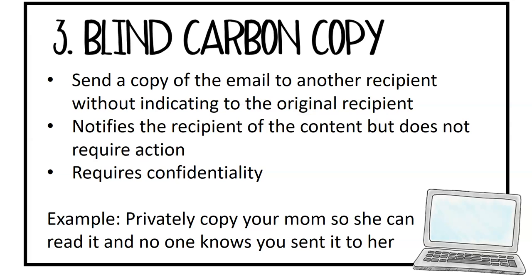So on my side of the email, I'll see that you've sent it to me, you've CC'd Mr. Norman, and that's all that I'll see. I won't see that you have added your mom as someone who's also getting this email. Again, this does not mean that you need your mom to respond to the email. It's just you showing her that you want her to read it. But this requires confidentiality because you're going to have to keep it from me that you sent it to your mom.